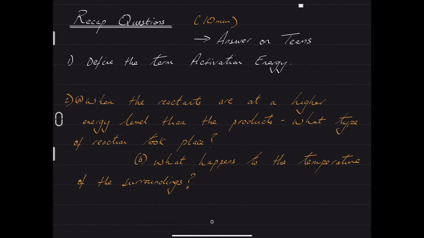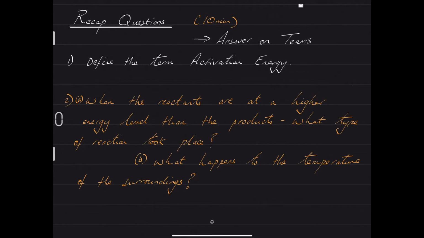Question number 2, part A. When the reactants are at a higher energy level than the products, what type of reaction has taken place? So you will need to refer back to your notes, looking at the energy profile diagrams.